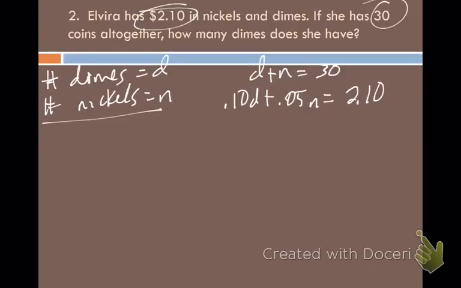So I would take the number of dimes and multiply it by 0.10 to find out how many dollars my dimes would give me. Okay? Same thing with the nickels. They're $0.05. So I would take the number of nickels and multiply by 0.05 to find out how many dollars I had. Which is not how we count money. So it's a little weird to think about, but if we're going to write out an equation, this is what we would need to do.